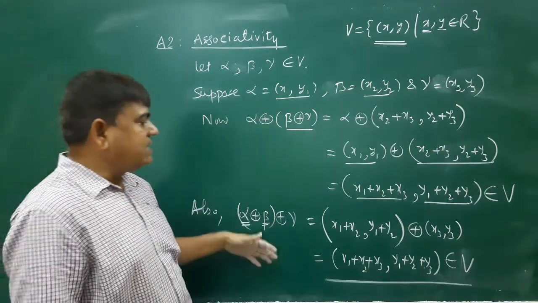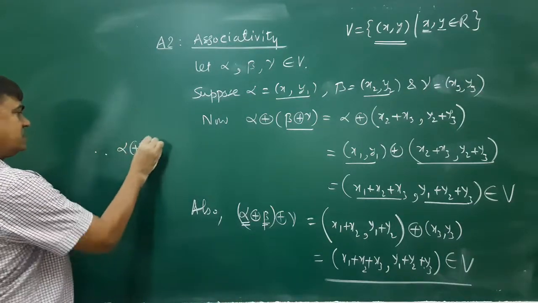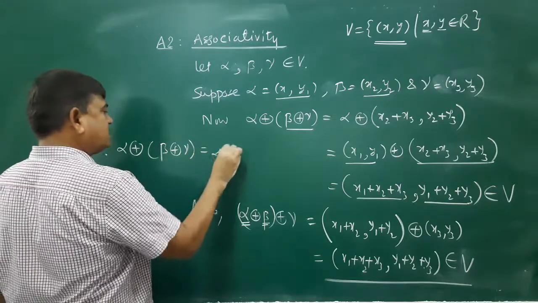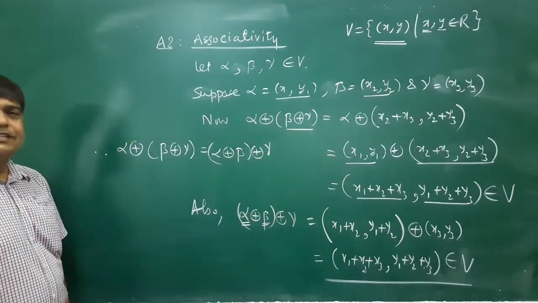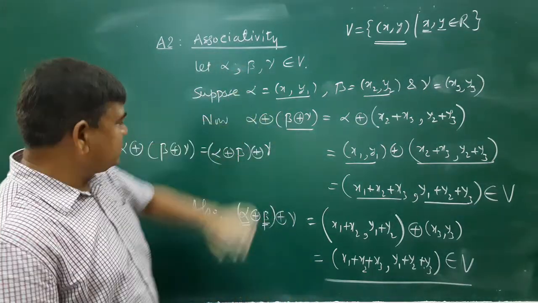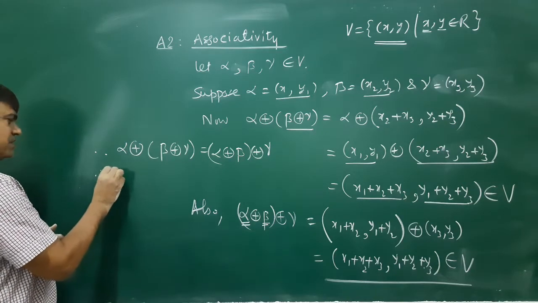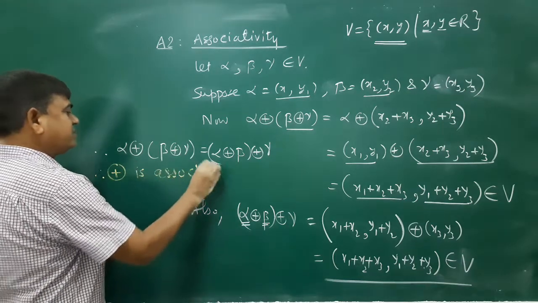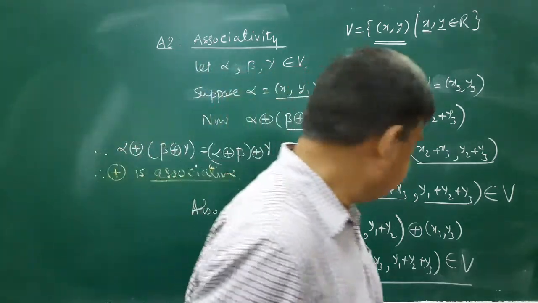You can say the left hand side is equal to the right hand side. Therefore, this is associative property. So associativity holds. Hence, this operation is associative. Okay.